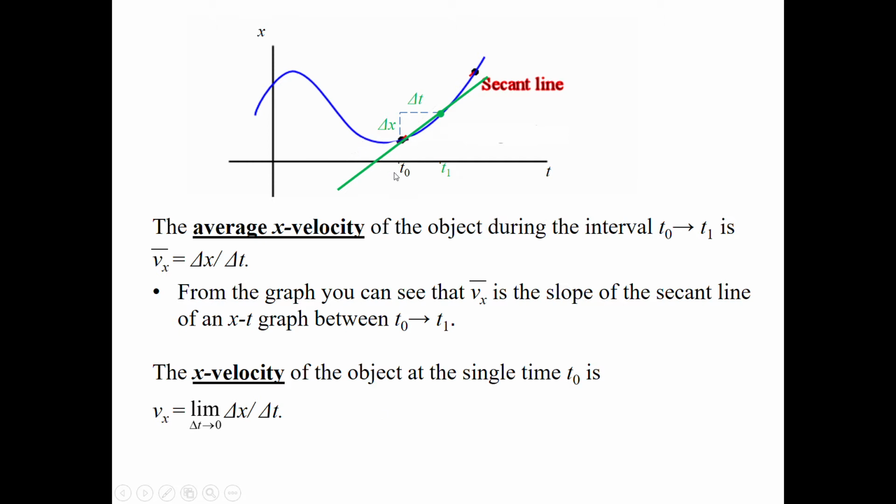And what I want to think about is what does it correspond to graphically? It's not the secant line anymore, because for a secant line you need 2 points that are separated, that are connected by a line.